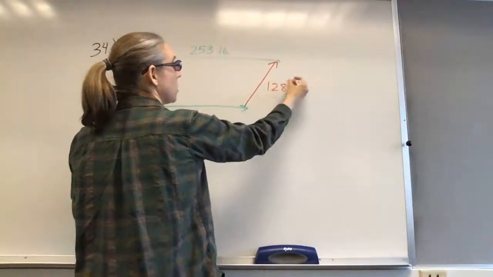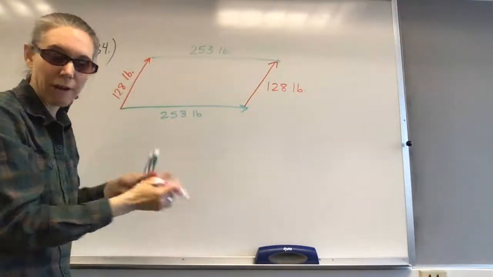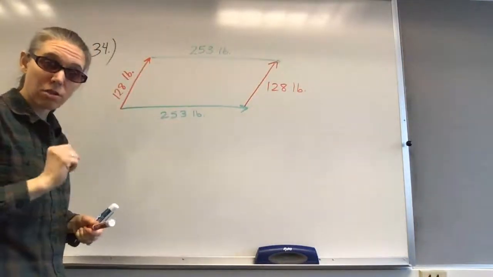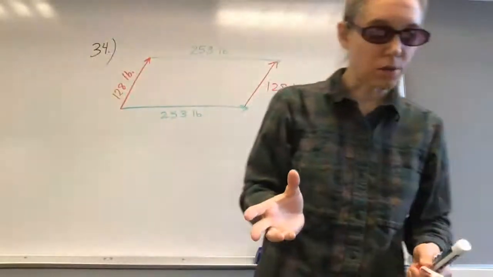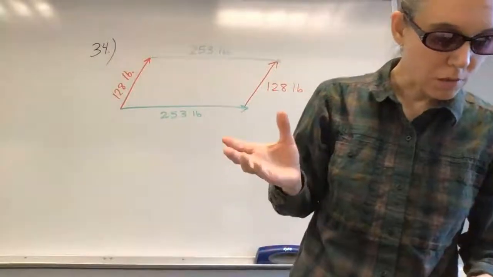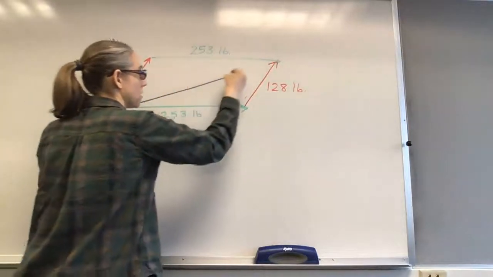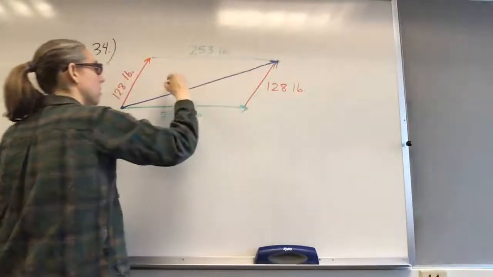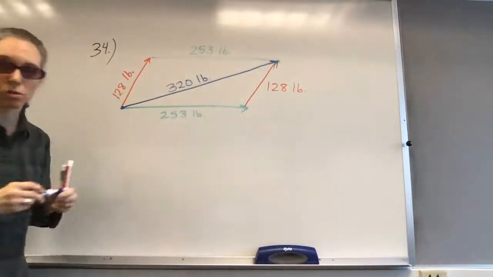So you just fill in your parallelogram, taking the two vectors that you have. There's one other piece of information that we have, and that we know the resultant vector of these two vectors is 320 pounds. So the resultant is going to go across this long diagonal, 320 pounds for my resultant.